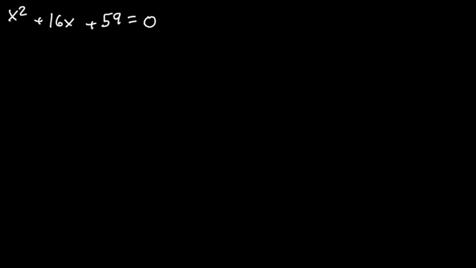We could check and see if we can factor this quadratic. One thing to notice is 59 is actually a prime number. So the only factors of 59 are 59 times 1, and also negative 59 times negative 1. And neither of these factors add up to 16, our middle term. So in this case, we can't solve by factoring.